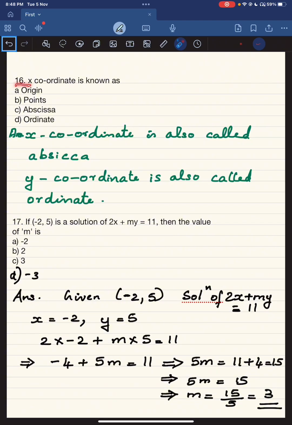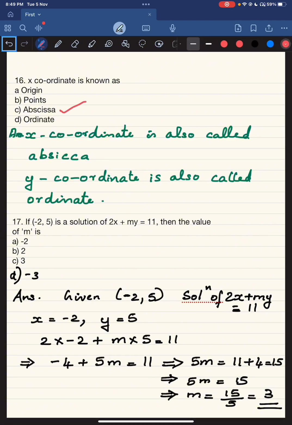Next question. Question number 16 is, x coordinate is known as what? We know x coordinate is also called abscissa and y coordinate is also called ordinate. So here they asked x coordinate is also called what? The answer is abscissa.